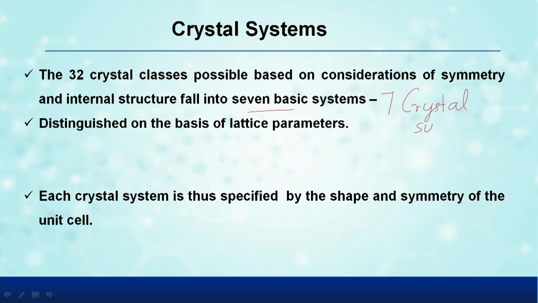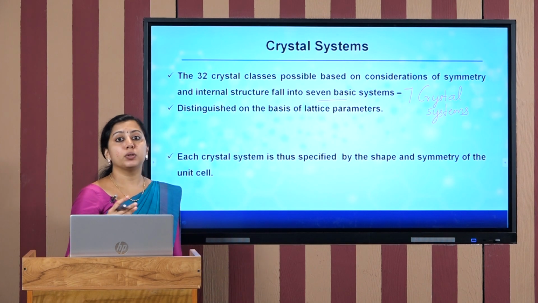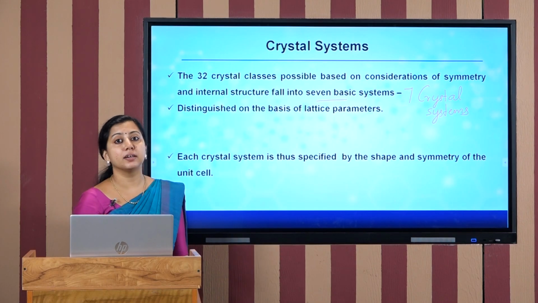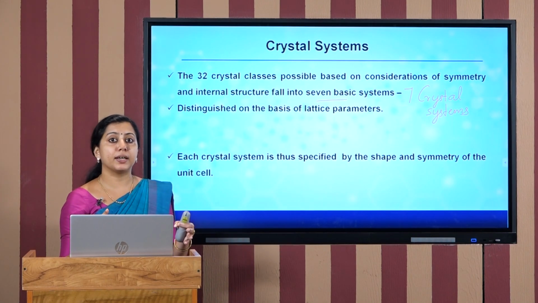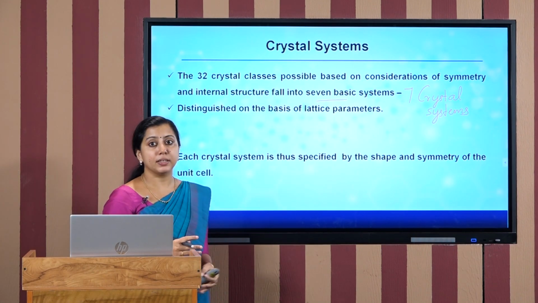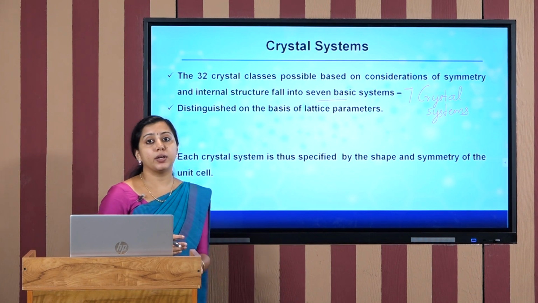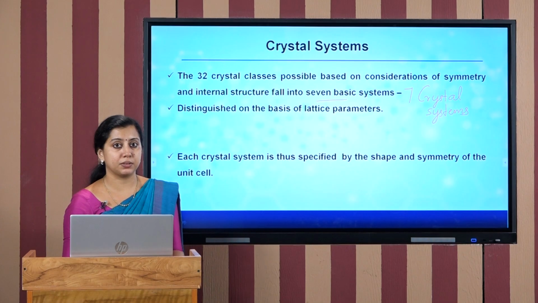There are 32 possible combinations of symmetry elements. So, these 32 crystal classes based on symmetry and the internal structure can be further classified into 7 basic systems. Okay. So, these 7 basic systems are known as the 7 crystal systems.